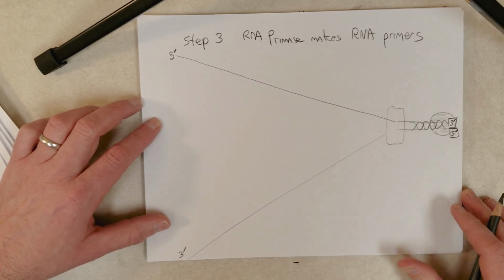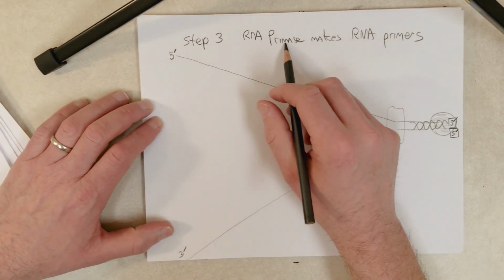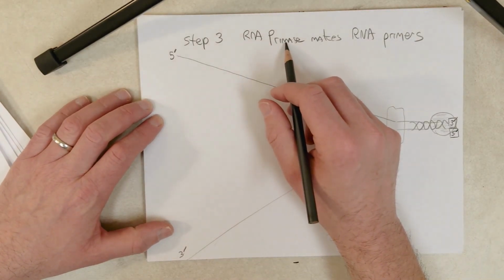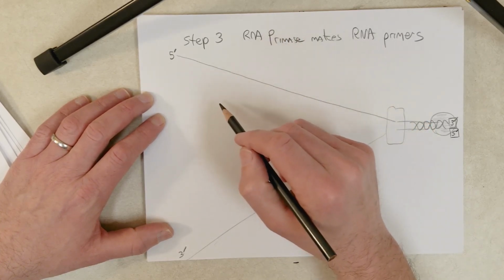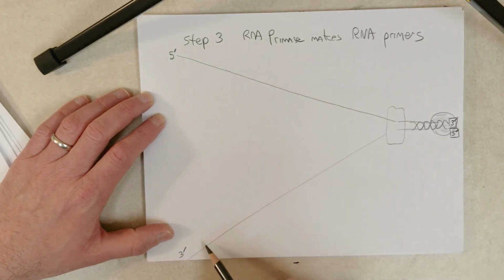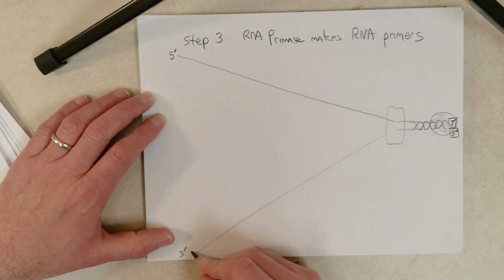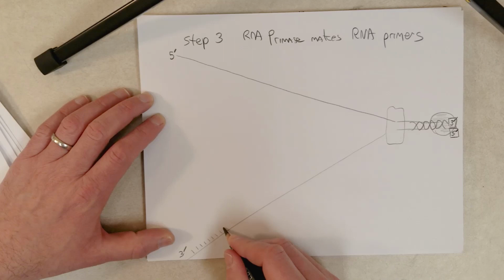Now, RNA primase also synthesizes RNA, I should say, in the 5' to 3' direction, but it does not need a primer. It can initiate synthesis on just a naked DNA template. So I'm debating whether or not I should diagram the nucleotides here.